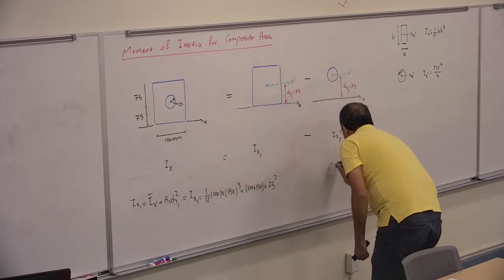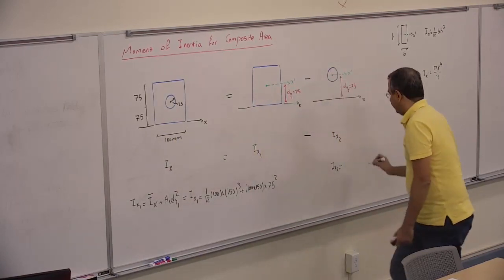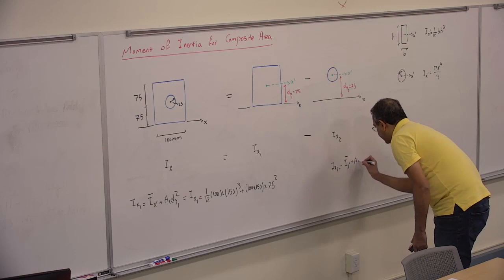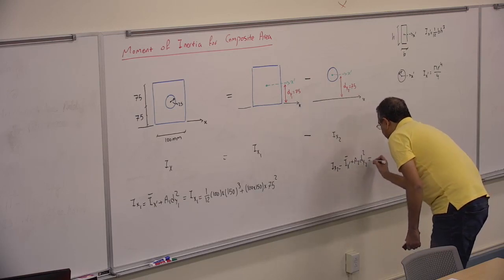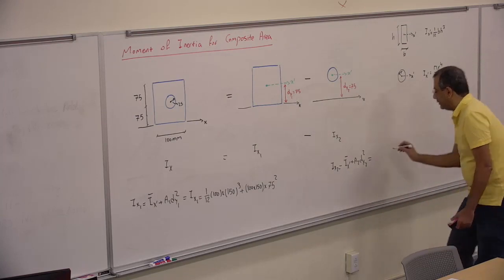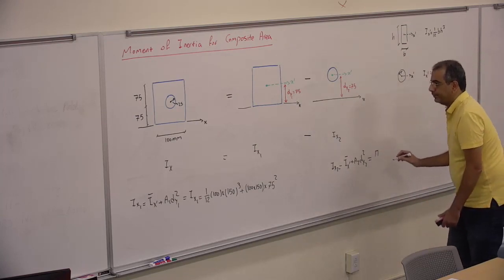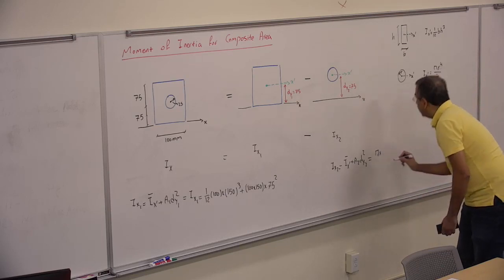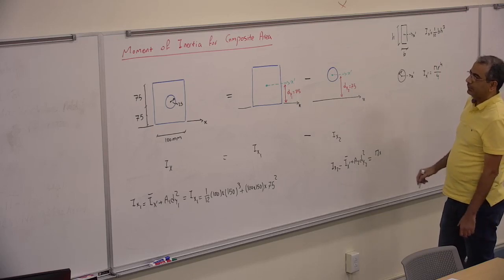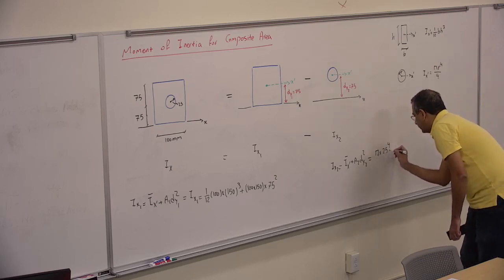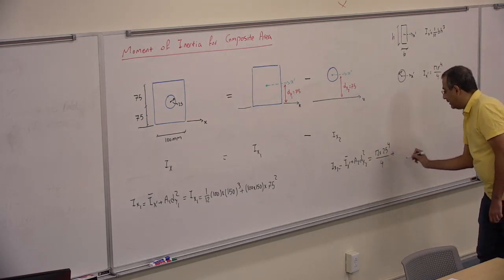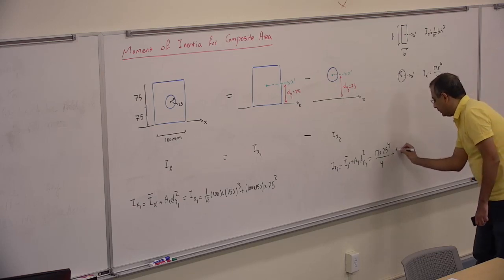So Ix2 is going to be I about its centroid plus its area times dy squared. So I about the centroid is pi R to the fourth over 4, R is also 25, so that's I, plus its area, pi times 25 squared.